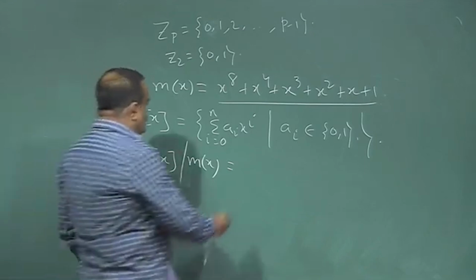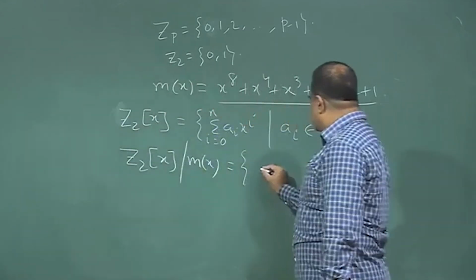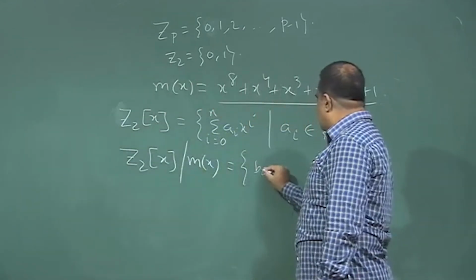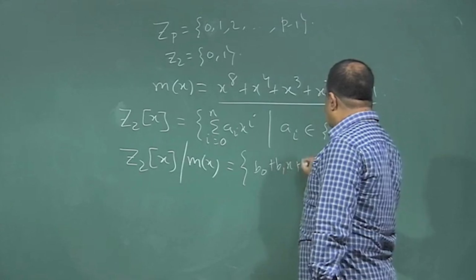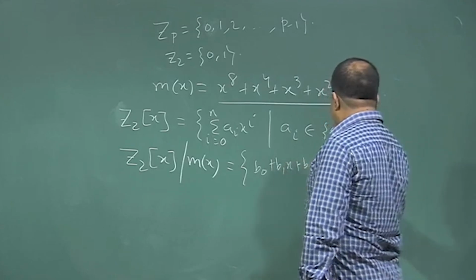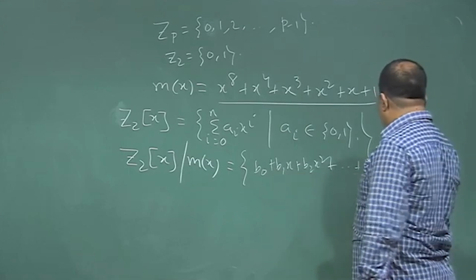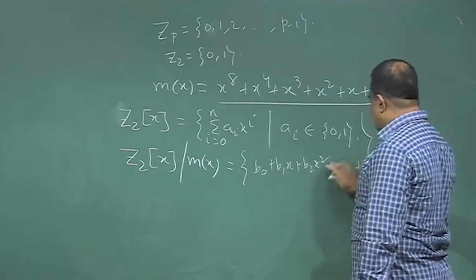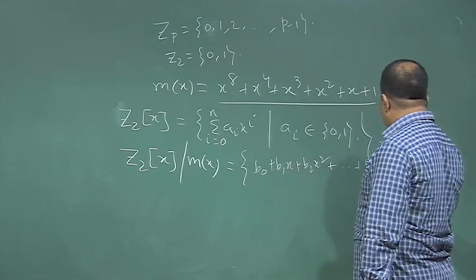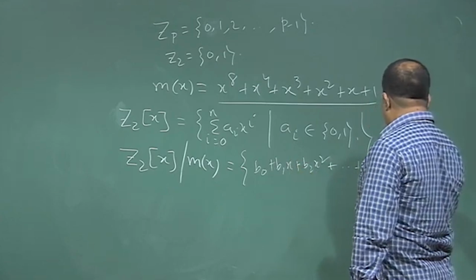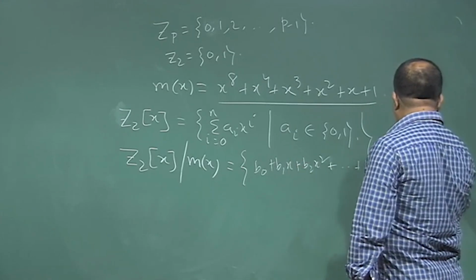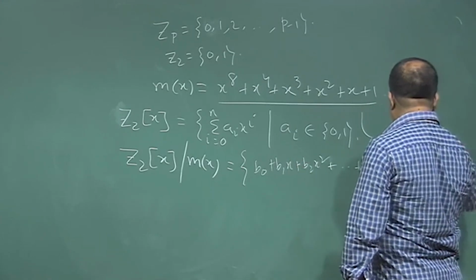So, this will be the set of all polynomials of the form b0 plus b1x plus b2x square up to b7 x to the power 7, where the bi's are coming from 0 and 1.